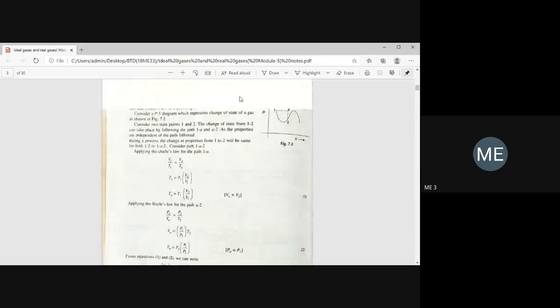In the exam, suppose they ask, first you write the PV diagram, write the equation, and then finally you arrive at the equation PV equals MRT. This is the one standard equation we use everywhere for thermodynamic processes, and it is known as the characteristic gas equation or the equation of state for a perfect gas.